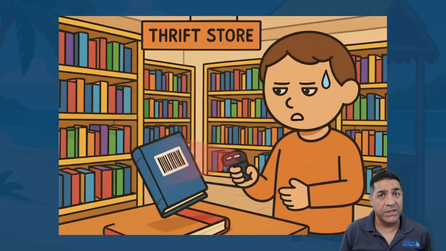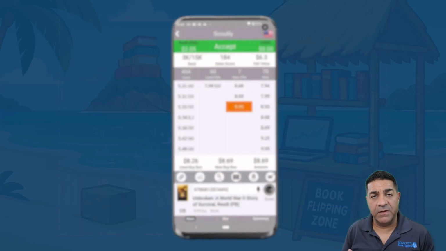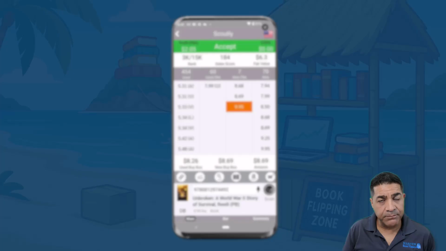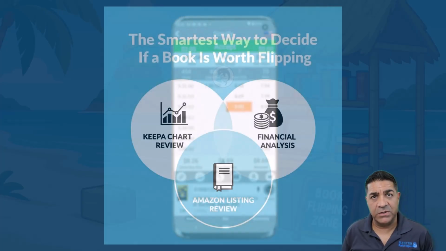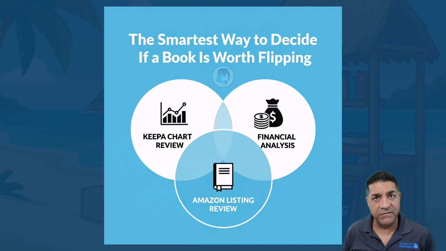I believe over the years, these mobile apps have gotten better, and now some of them have some sort of a Keepa chart. It's not the full Keepa chart, and maybe you can use that. But the focus of what we do is online book arbitrage, where we want to have all the best information we possibly can. This is the best way you should be doing it.